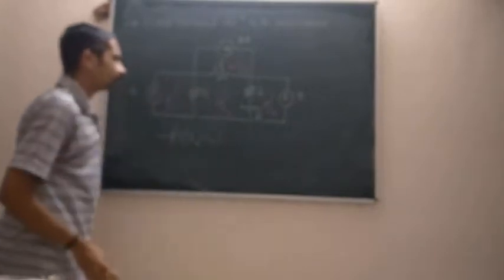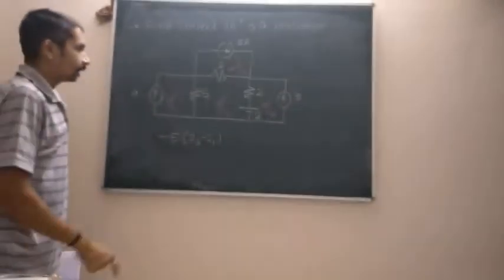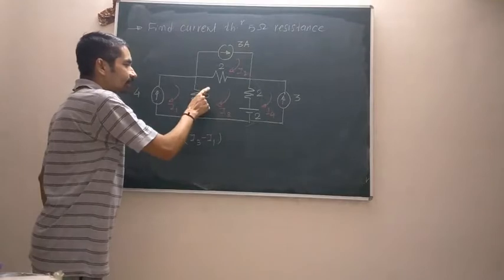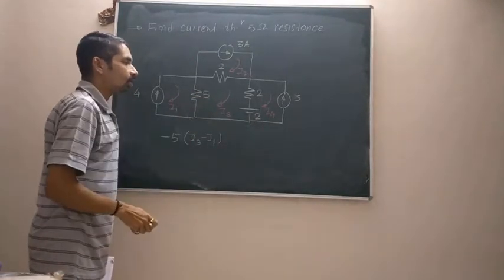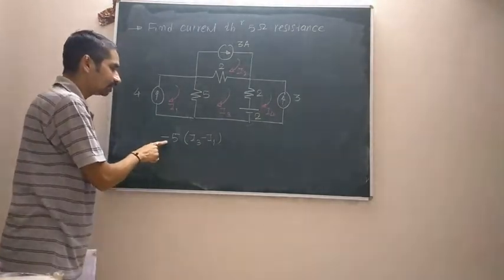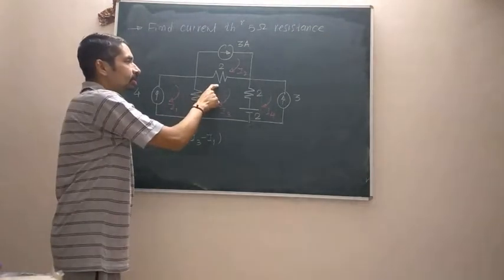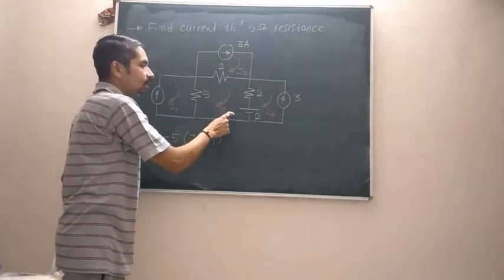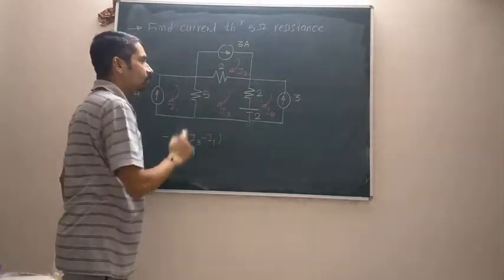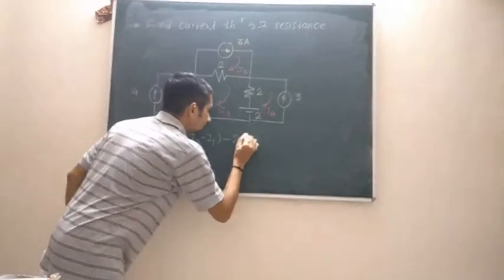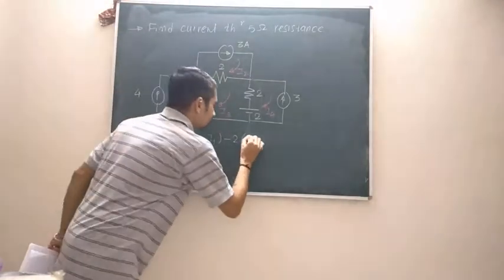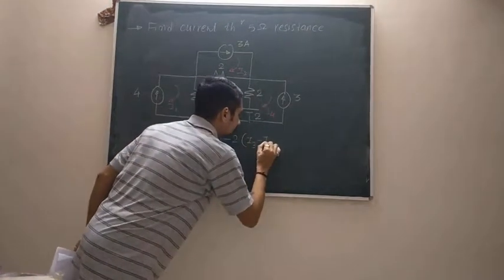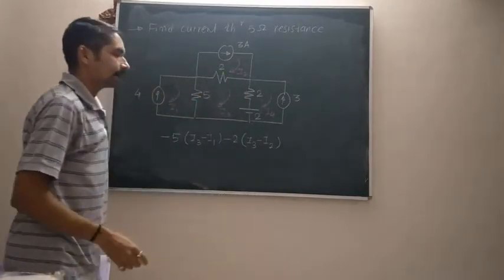minus 5 into I3 minus I1. As I am going to move in the direction of loop current through this 5 ohm resistor, there is going to be a drop in potential, and therefore the sign is minus. This 2 ohm resistor is common between loop number 3 and loop number 2, and therefore the current flowing in it I will write down as I3 minus I2.